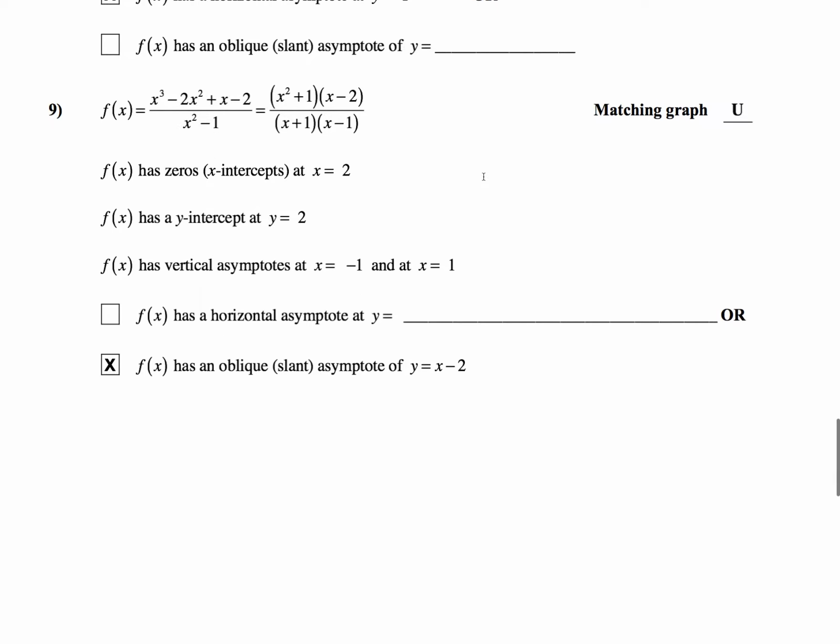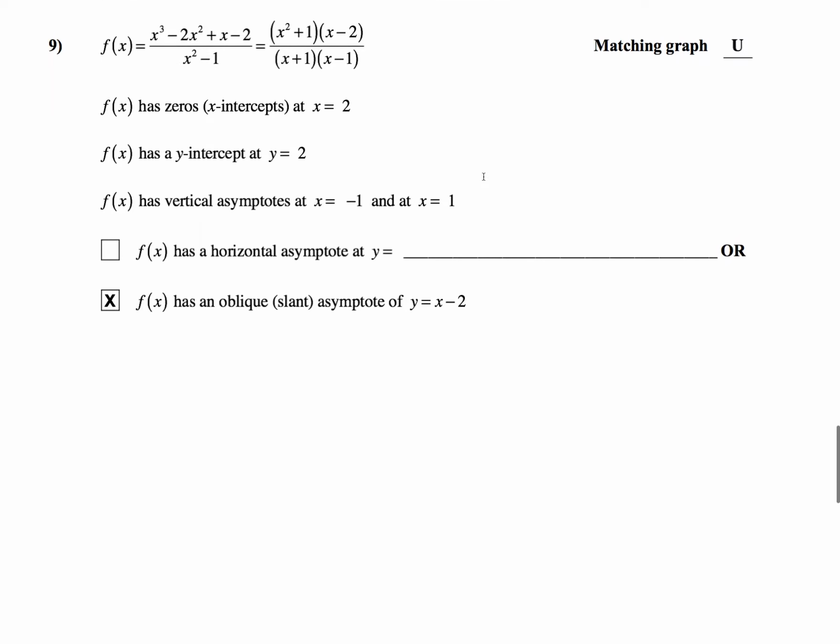Now, next we have another rational function, and it has vertical asymptotes at negative 1 and positive 1, and it's got an x-intercept at 2. 2 times 2 is 0, 0 plus anything is 0, and put 2 in the denominator, and you do have a value, so the function is defined at 2, and so we have an x-intercept at 2.